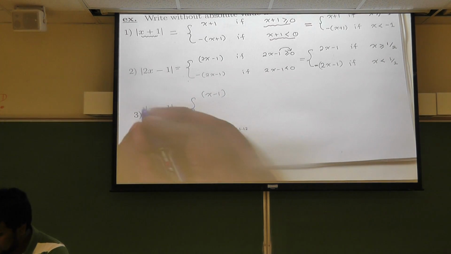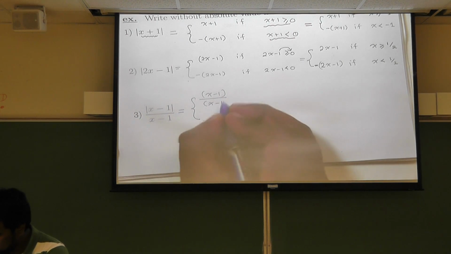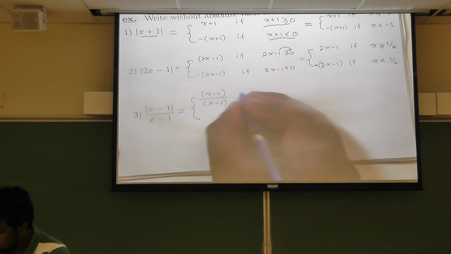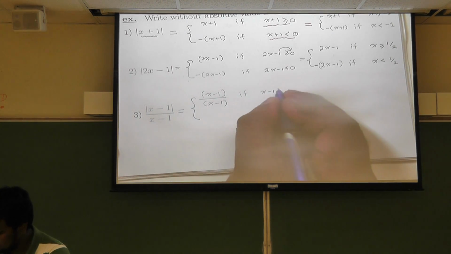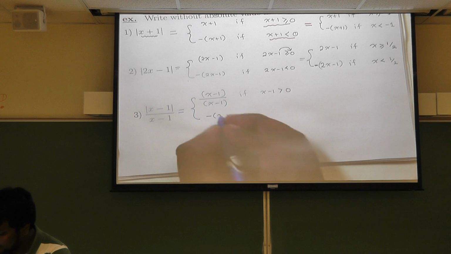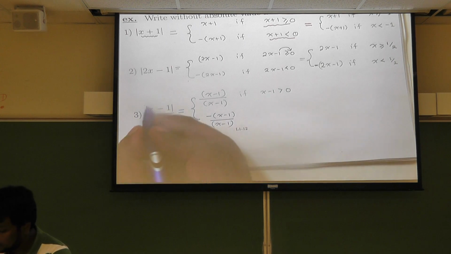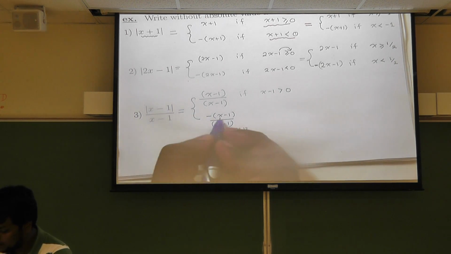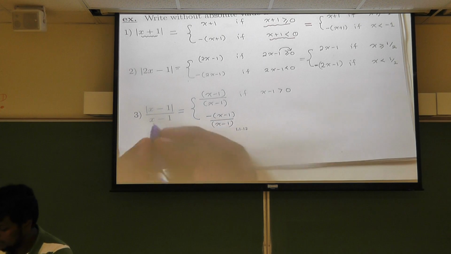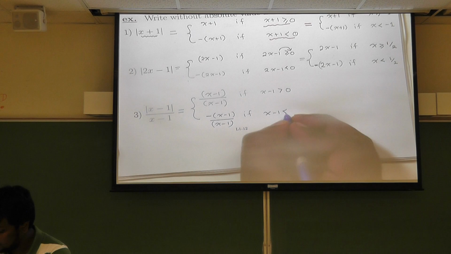So that's the same thing inside the absolute value, and I'm writing what's in the bottom. If x minus 1 is bigger than 0, and negative of x minus 1 over x minus 1. So negative of x minus 1 because I am splitting the absolute value, and x minus 1 because I'm just writing it down. If x minus 1 is less than 0.